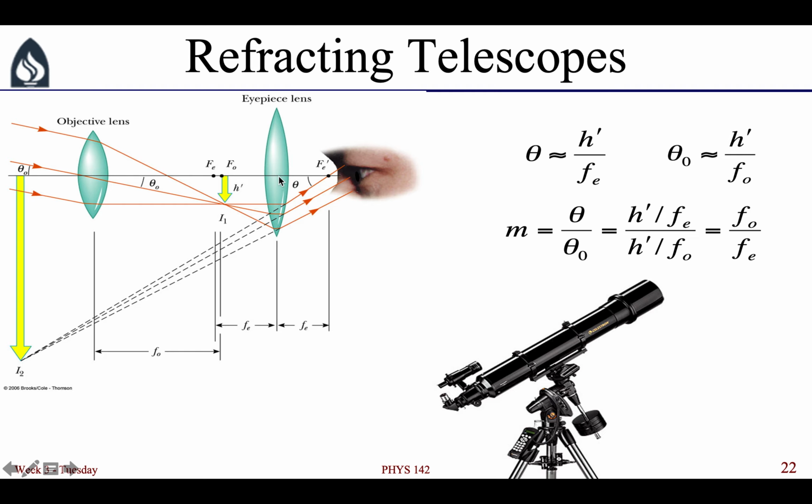So we're looking at this triangle here. Then if we take the ratio of those two angles, the h primes cancel out, and we get that the magnification of a refracting telescope is approximately equal to the ratio of the focal lengths of the objective and the eyepiece.